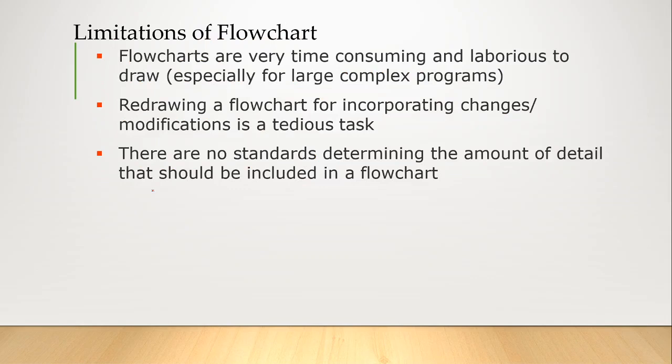However, there are some limitations of flowcharts also. Drawing flowcharts is very time consuming and a very laborious task. Redrawing flowcharts for incorporating changes and modifications is a very difficult task. There are no standards determining the amount of detail that should be included in flowcharts.